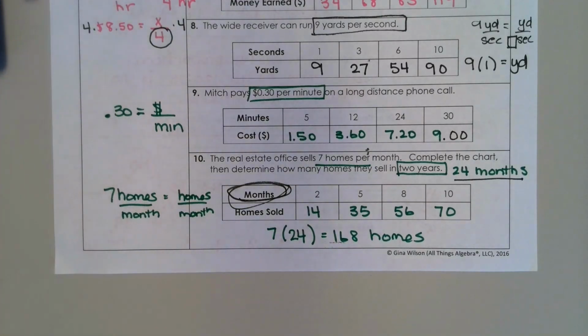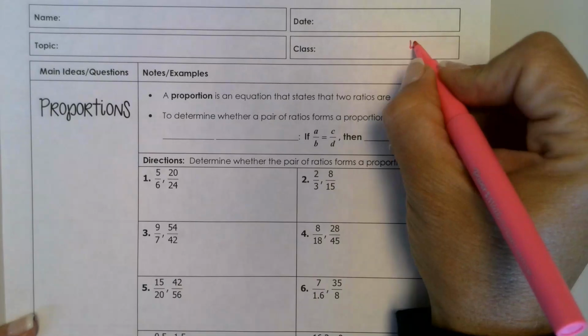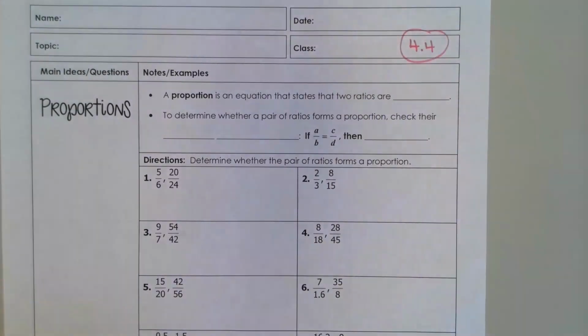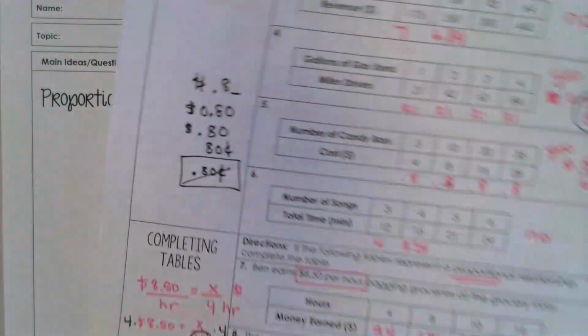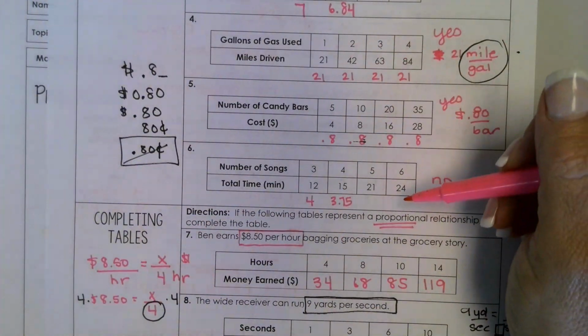Okay, so if we go on, we're going to go on to 4.4 now. 4.4 is the next one. And up at the top of your paper, it should show that this is 4.4. So what we did here is we found things that were proportional or non-proportional based on completing a table. All right?